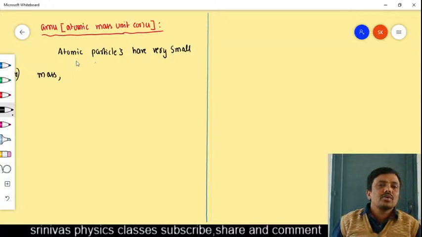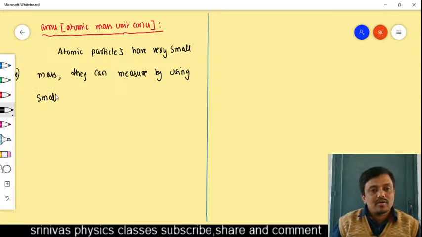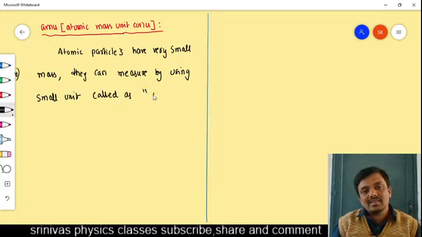That's why we use another unit to measure the mass of the smallest particles present inside the atom. Atomic particles have very little mass and they can be measured by using a small unit called AMU.